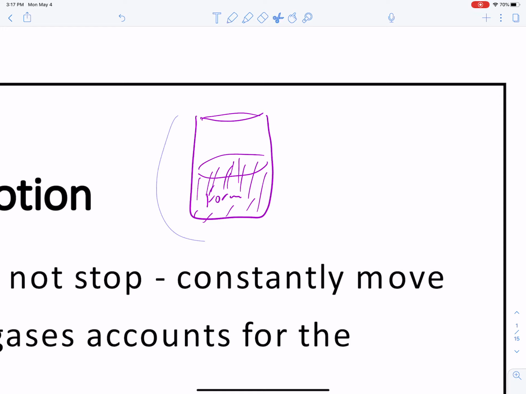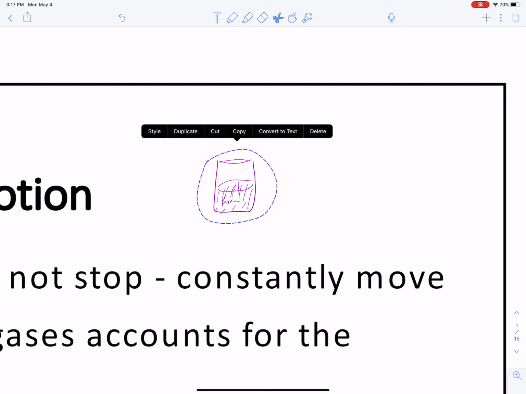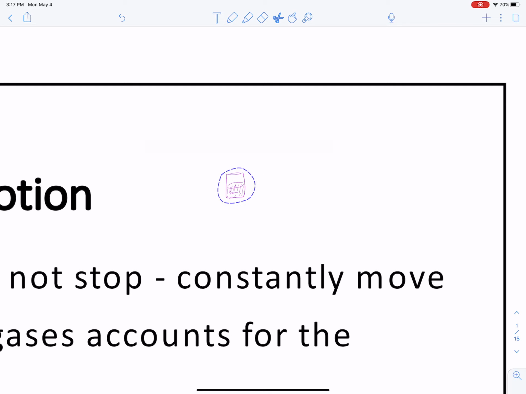Let's see if I can do this. I think I know how to do this. So I take this container, I make it really small, and then I put it on a desk in our virtual classroom.